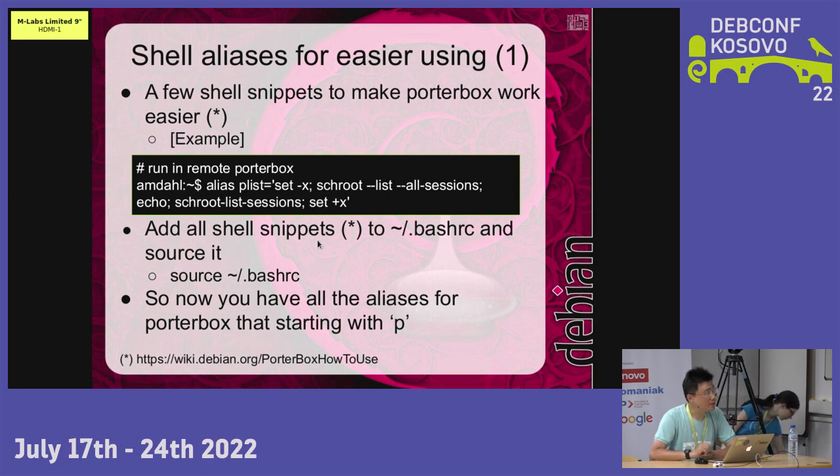I shared all the shell snippets in the wiki, so you can visit the wiki page on how to use the Porterbox to see what kind of aliases I have.